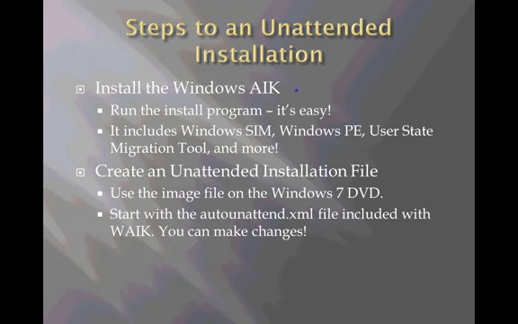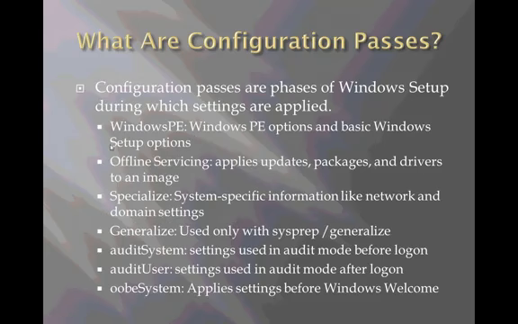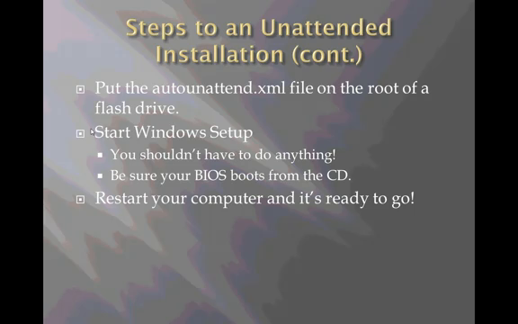We installed the automated installation kit already, and we started by loading that unattend.xml sample installation file from the DVD, or from the automated installation kit, and we are going to continue looking at that and making some changes to it. We also learned what these 7 configuration passes are all about, and the first and the last, the Windows PE and the OOBE out-of-box experience system, are the 2 that we will be most concerned with in our unattended installation.